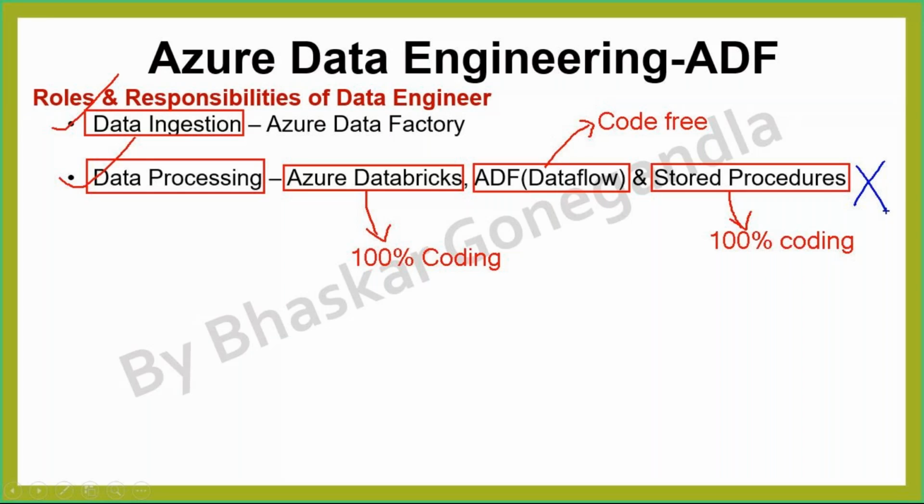Because of that, we suggested processing the data with stored procedures. This was the traditional approach, but nowadays we are not going to use this. Even that particular user is doing the transformations with stored procedures at this point of time, but later, once their business data increases, they will definitely have to move out of stored procedures.